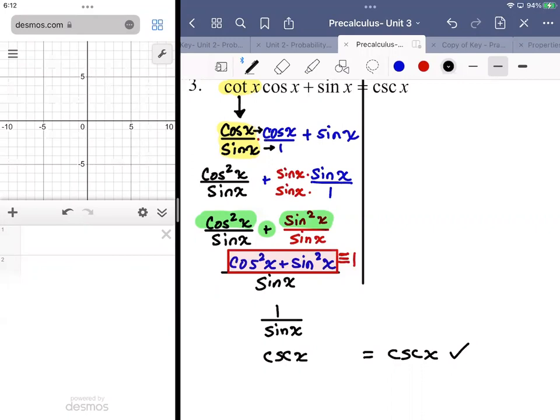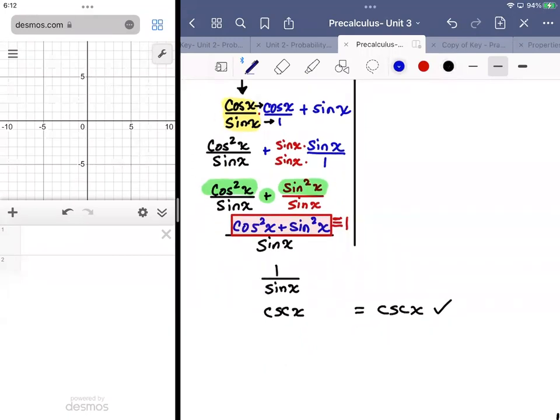But the rules that we needed to know here, and actually I can just jot these down. The rules that we needed were that cotangent of x was equal to cosine of x over sine of x, and that cosine squared x plus sine squared x was equal to 1.